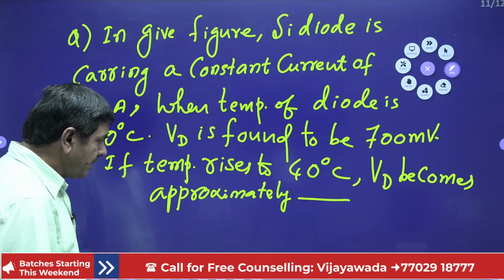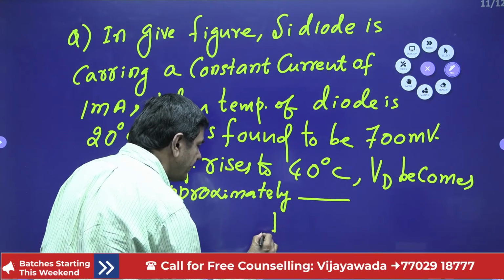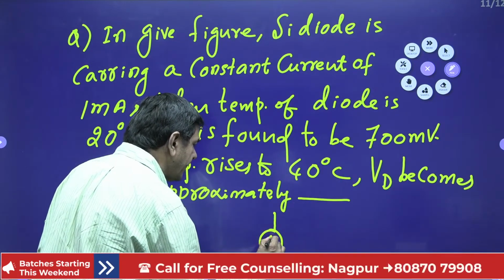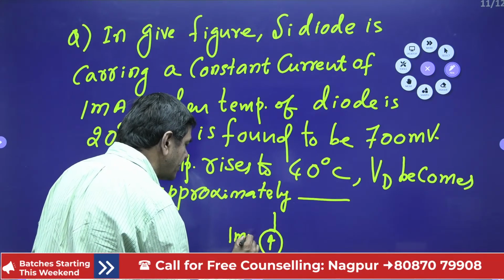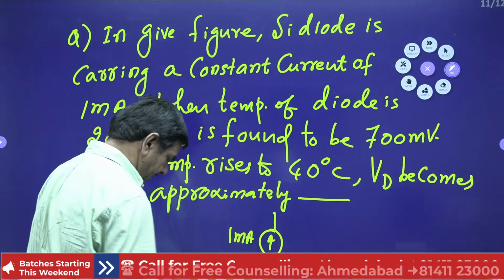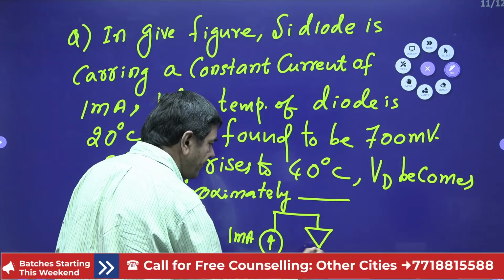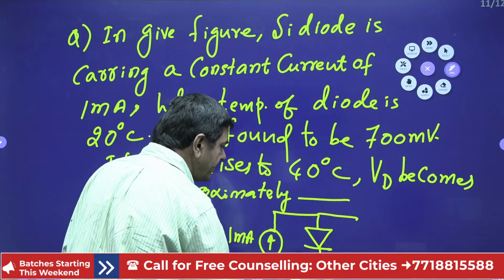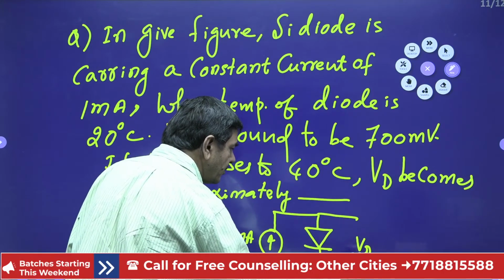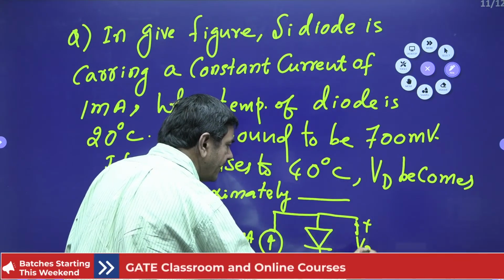One network is also given in the problem. It is connected with a current source of 1 milliampere, a constant current, and here it is connected with one diode. We are asked to find the voltage across the diode at the given temperature.